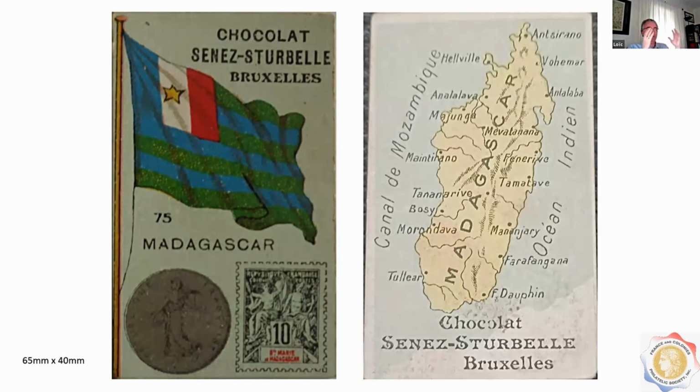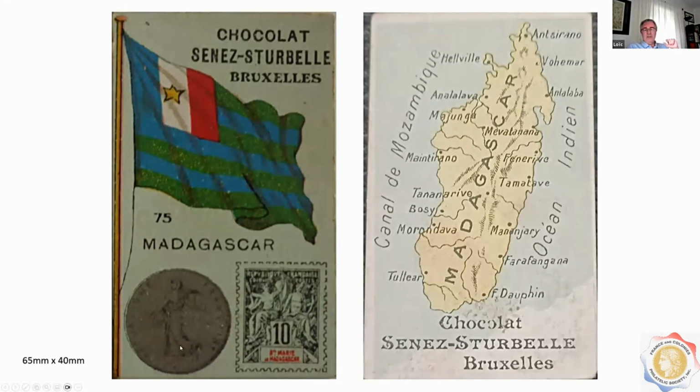This was a series around flags, coins, and stamps. I have not yet been able to identify the flag. Obviously, the top corner here is a French flag, but with a kind of yellow star on top of it, and then those stripes of green and blue. I have not found what this is. I was looking for some old flags from Madagascar, but I have not been able to identify this one.